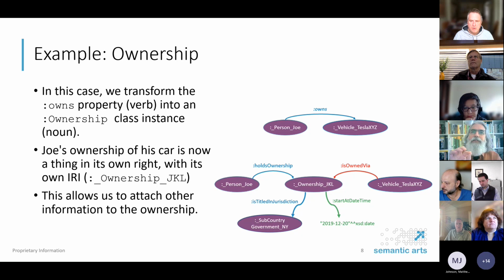But in this case, I would not necessarily say that the state of New York is a participant in the ownership. In my mind, I'm still thinking of just Joe and the Tesla as being the participants in the temporal relation.